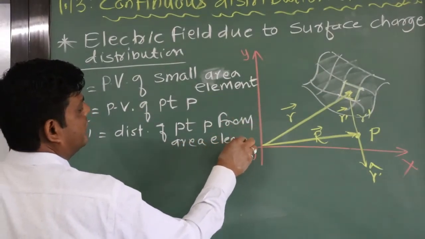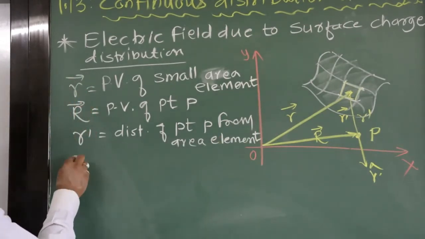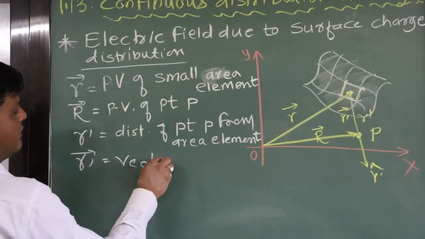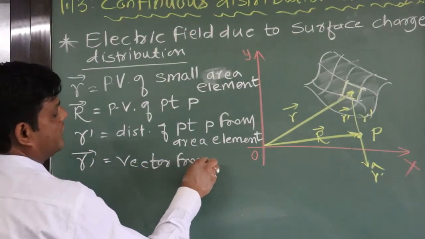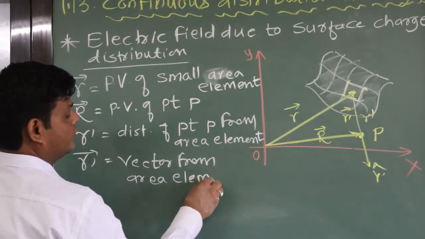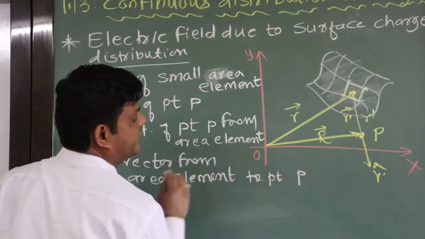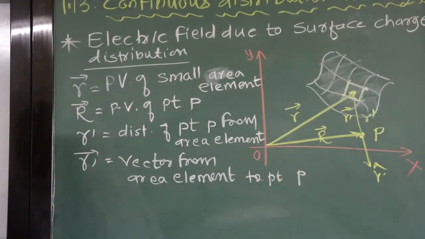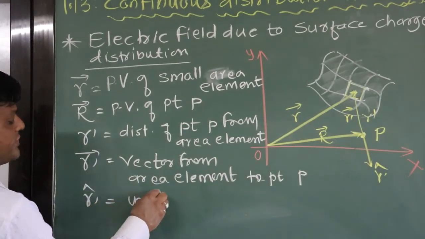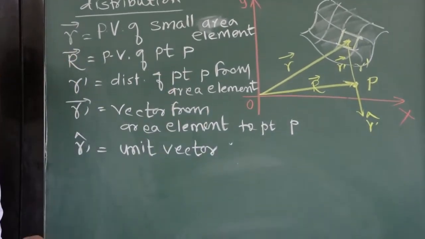Next, r dash vector is a vector from the area element to point P. And what is r dash cap? It is a unit vector.